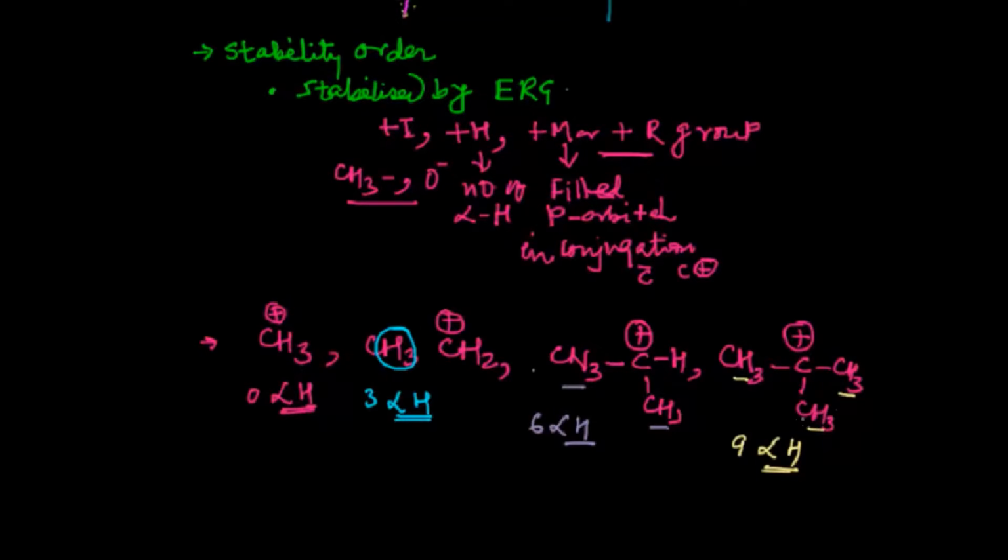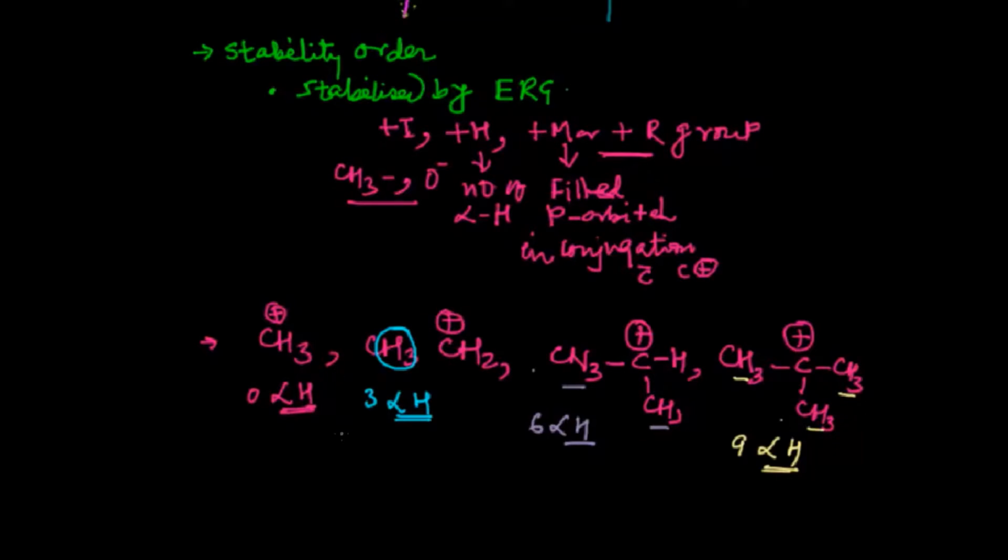And in the third case, 1, 2 and 3, so 3 methyl groups are together giving plus I effect. So the maximum plus I effect is expected in the fourth one, then it is less in the third, then the second, and the least in CH3.